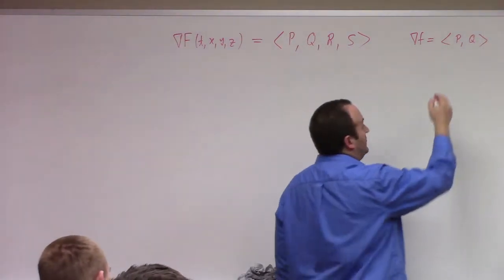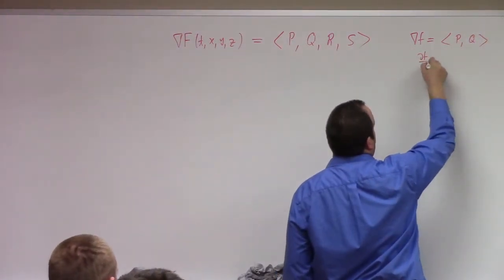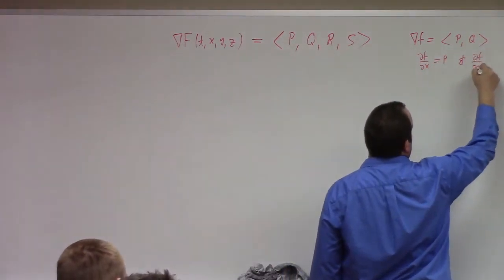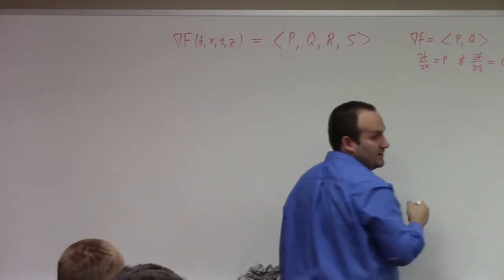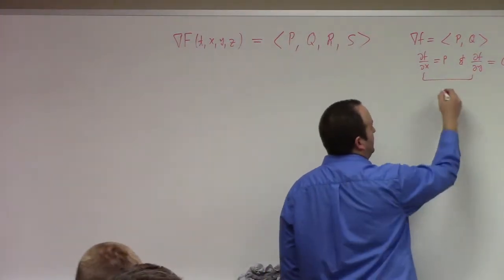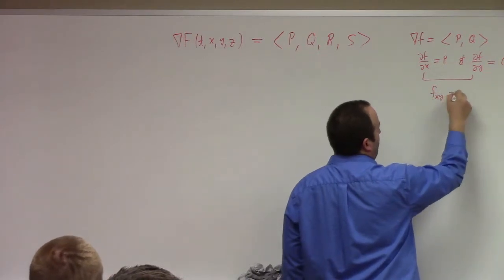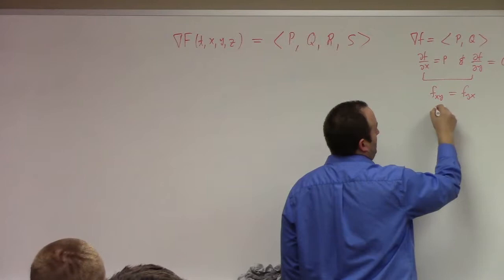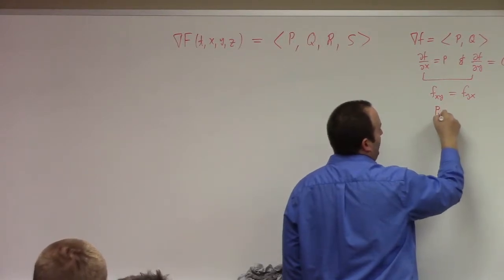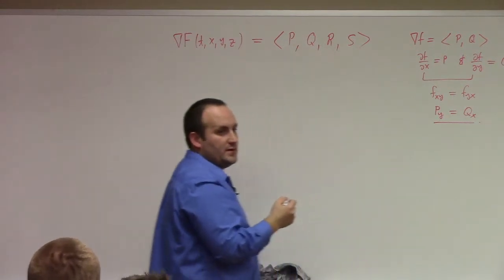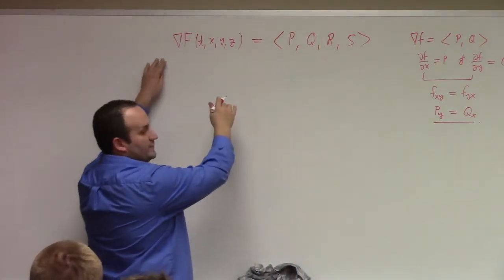It was, we had what? We had partial f partial x is equal to P, and we had partial f partial y is equal to Q, right? And the linking condition was that f_xy is equal to f_yx, which gave us the condition that P_y is equal to Q_x ultimately. So here what do I have?